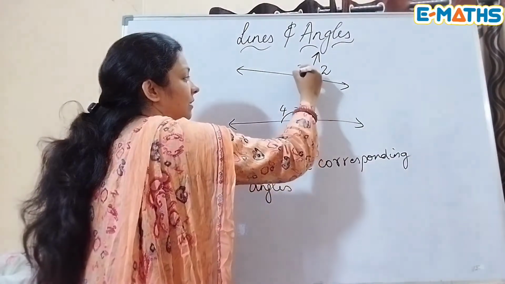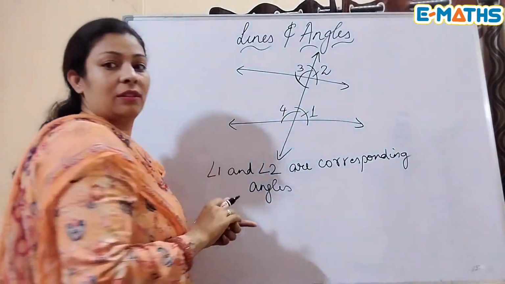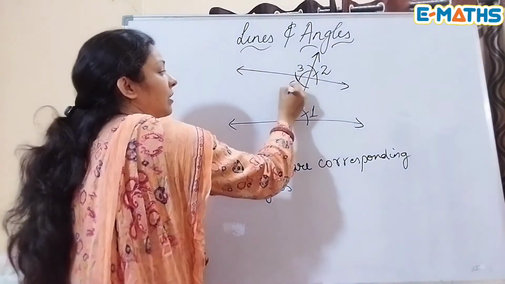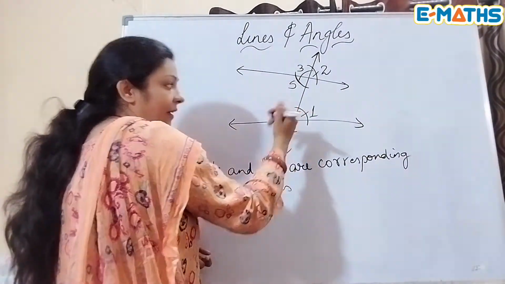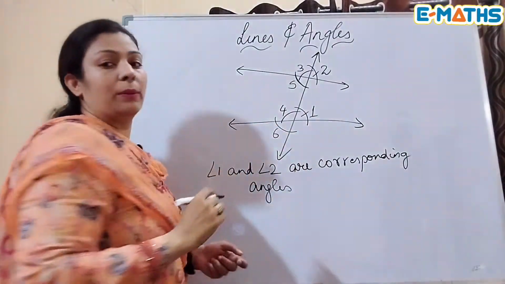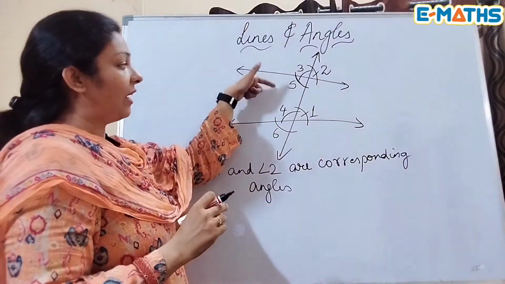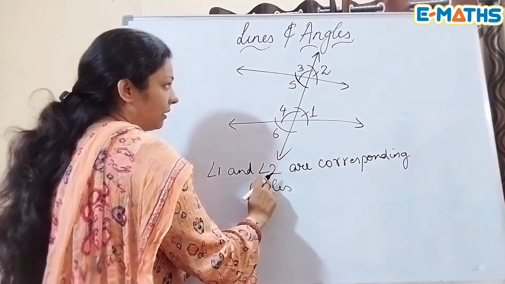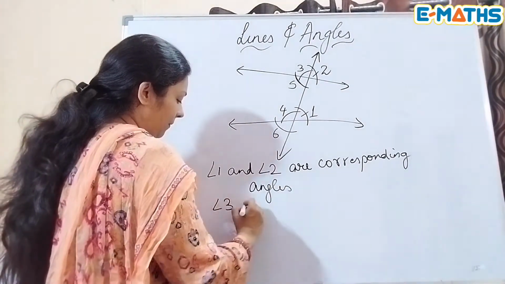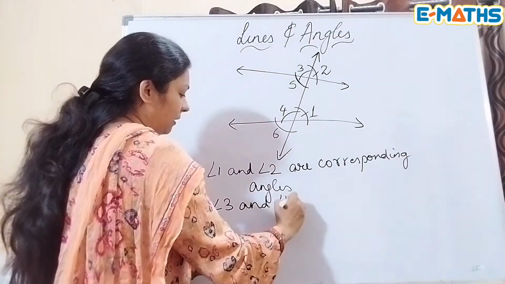If you see this angle, let's name it 5. So if we have taken this angle on this side, the other also has to be on this side and it has to be on the bottom part. So now angle 5 and angle 6. I'll write down the pairs here. We have angle 1 and angle 2, angle 3 and angle 4.